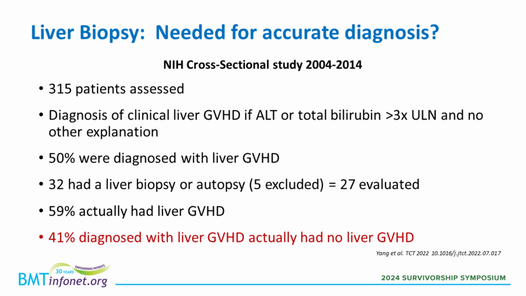So all this information has to be used in a very educated manner with your clinical team to piece together to say that this is much more likely to be GVHD and should proceed with treatment versus not. But you can see that it's important to always take a closer look.